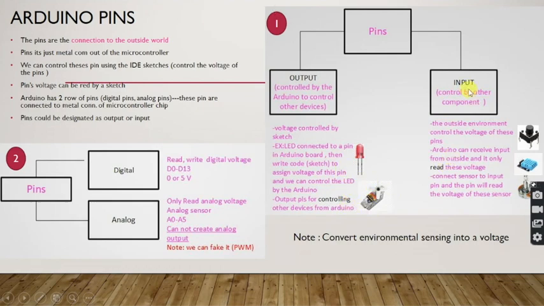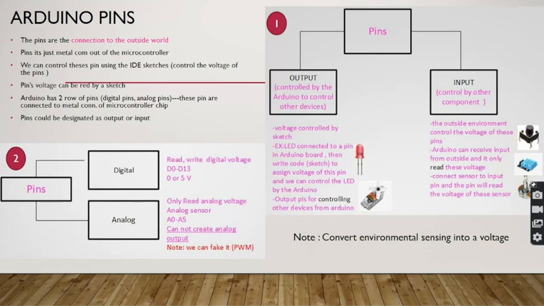What are the input pins? Input pins are controlled by other components, by the outside environment. For example, a push button is controlled by the user, and the Arduino only reads its status. The outside environment will control the voltage on this pin.